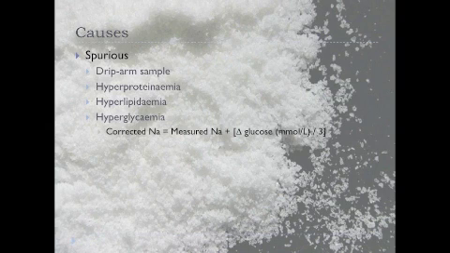Many of these calculators exist, but the simplest may be to add 1 milliequivalent per litre to the sodium concentration for every 3 millimoles per litre rise in glucose above the normal range. This formula may slightly underestimate the true sodium value. Note, this is the sodium concentration that would be achieved if the hyperglycemia was reversed.